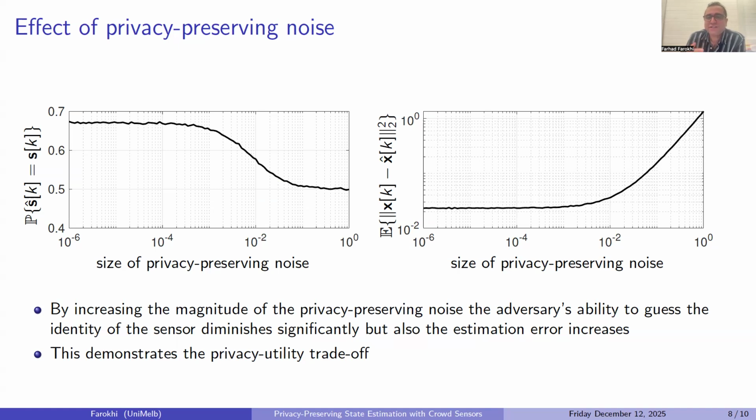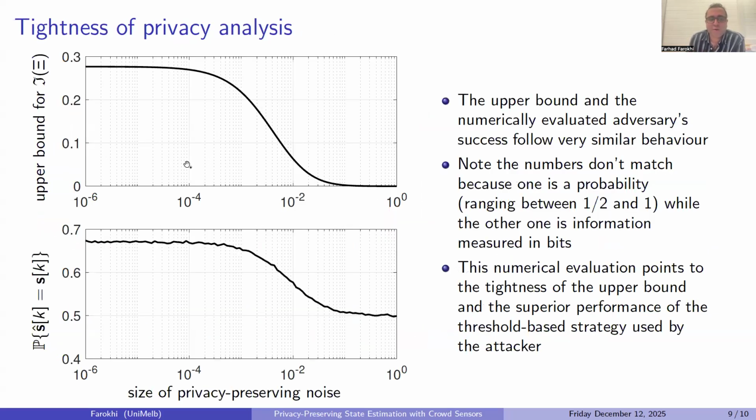Now, how good is the upper bound that I earlier told you about? Is that upper bound that we construct in the paper very off, very bad? Does it follow similar trends as these numerical results? Now let's look at the upper bound and this empirically computed ability of the adversary to detect which sensor is being used. As you can see, these two graphs are very similar to each other. They remain constant for the same kind of parameter regimes. They also drop during the same parameter regimes and so forth.